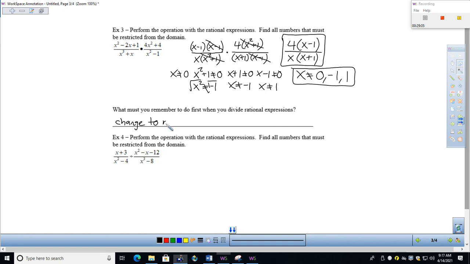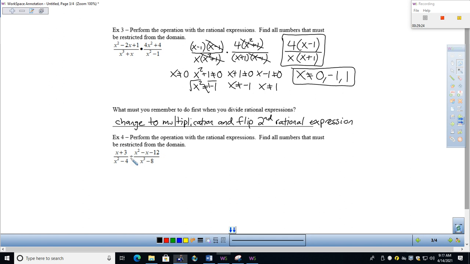So we change to multiplication and flip the second rational expression. So the idea is dividing by a fraction is the same as multiplying by the reciprocal. So change to multiplication, flip this to its reciprocal.